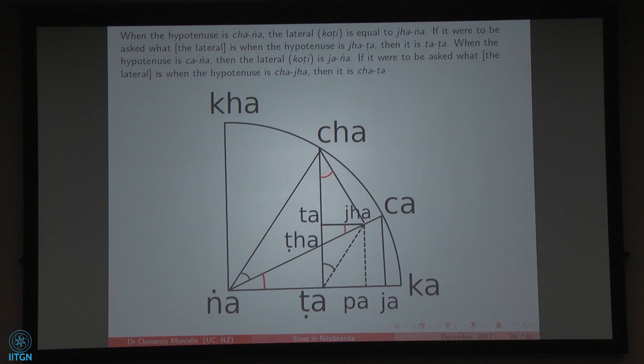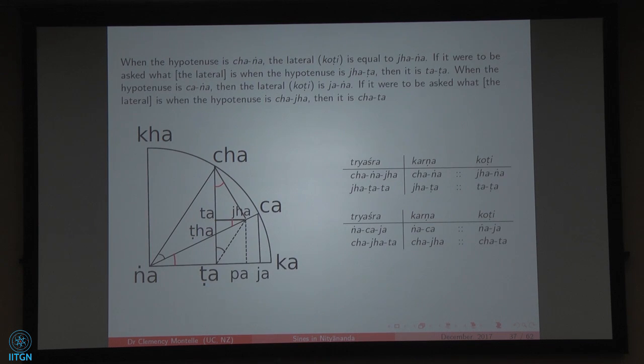Now, he's identifying the rules of three. If we consider our big triangle, cha, na, ja, we can pull out the base and the hypotenuse, the karna. This triangle here with the black angle is similar to this triangle here with the black angle.